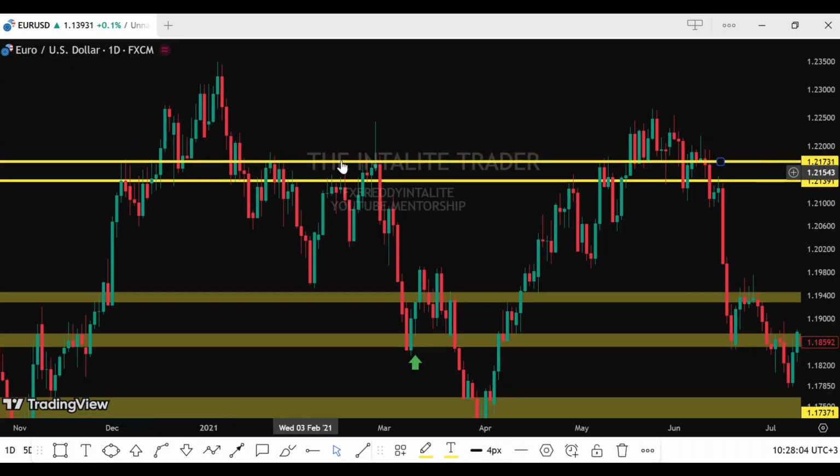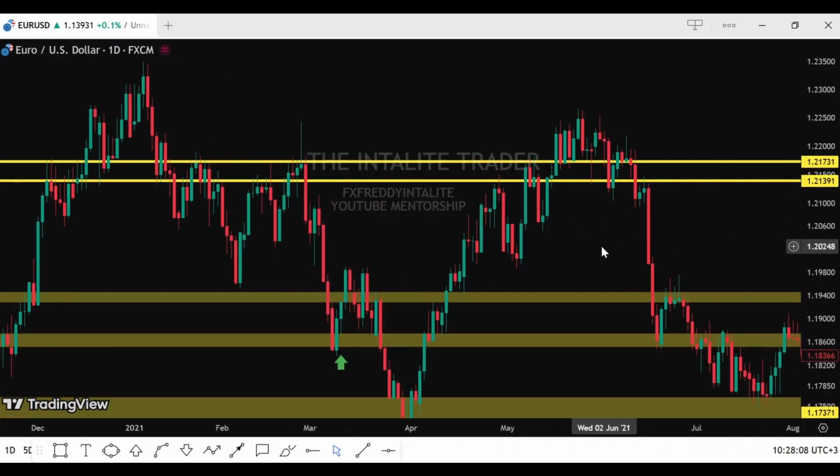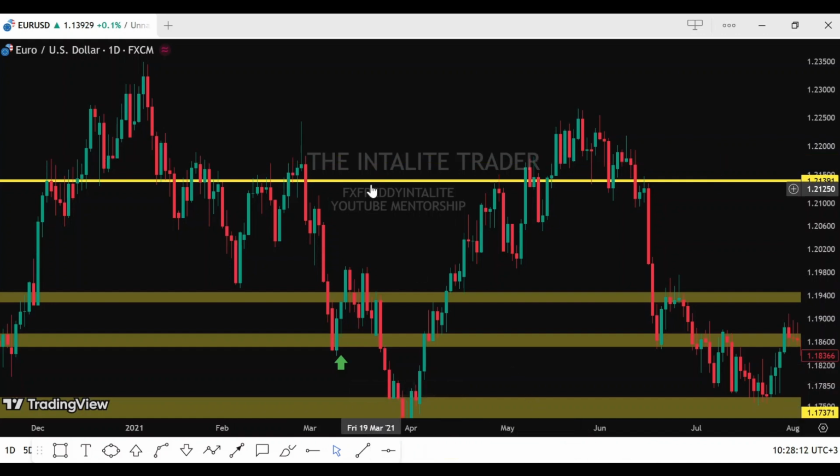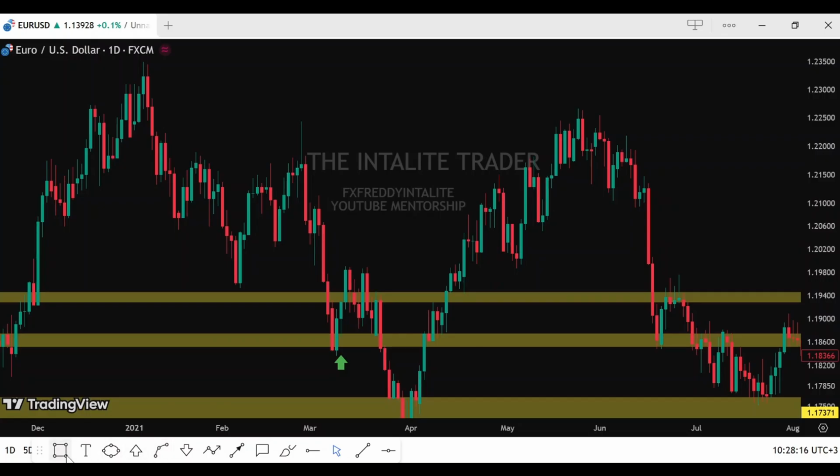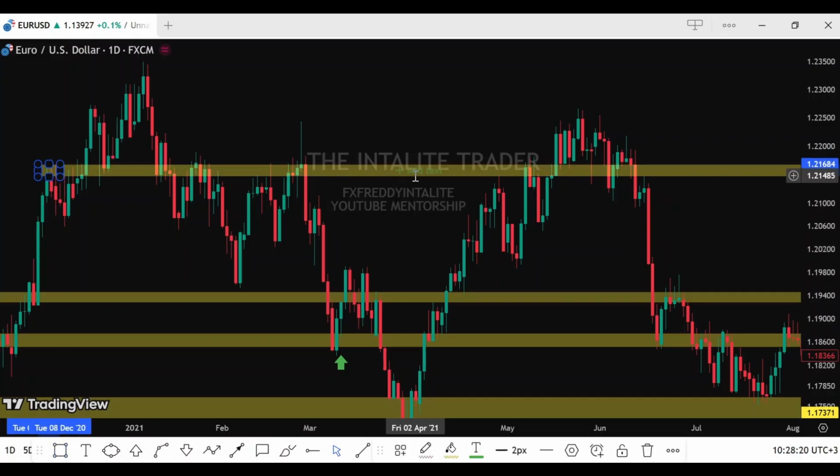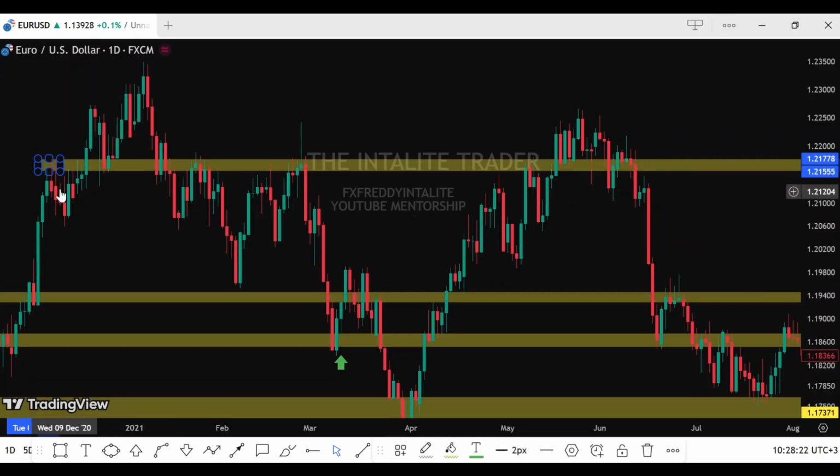You'll find candle body close, candle body close, candle body close. But this leads to analysis paralysis as it is going to darken your chart. So what you do, you delete that and draw one zone. See price respected it, respected it, respected it.